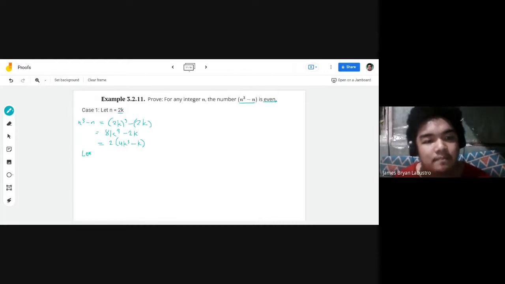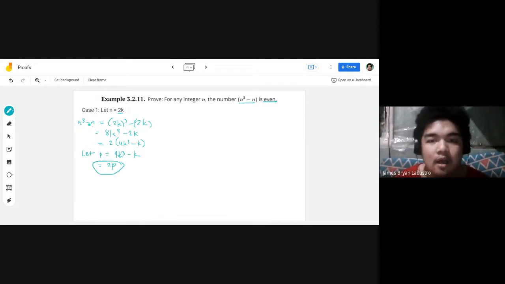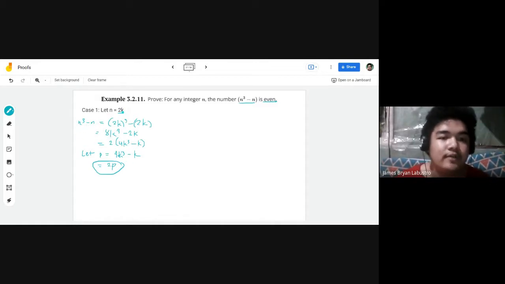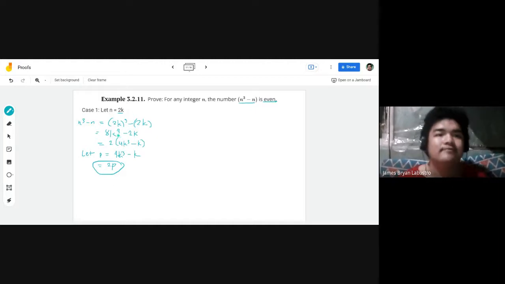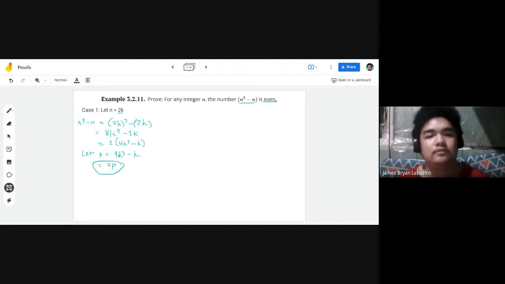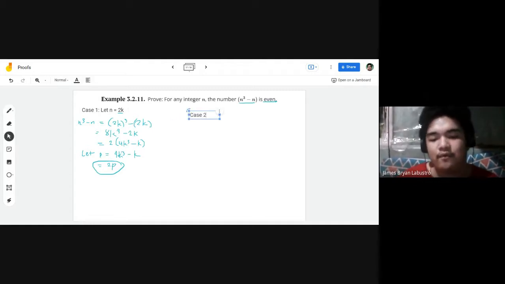Then we let p equal 4k cubed minus k, so therefore, we have 2p. So this expression, using the definition of even, is even. So that is what we see here. And the other case is for an odd integer.